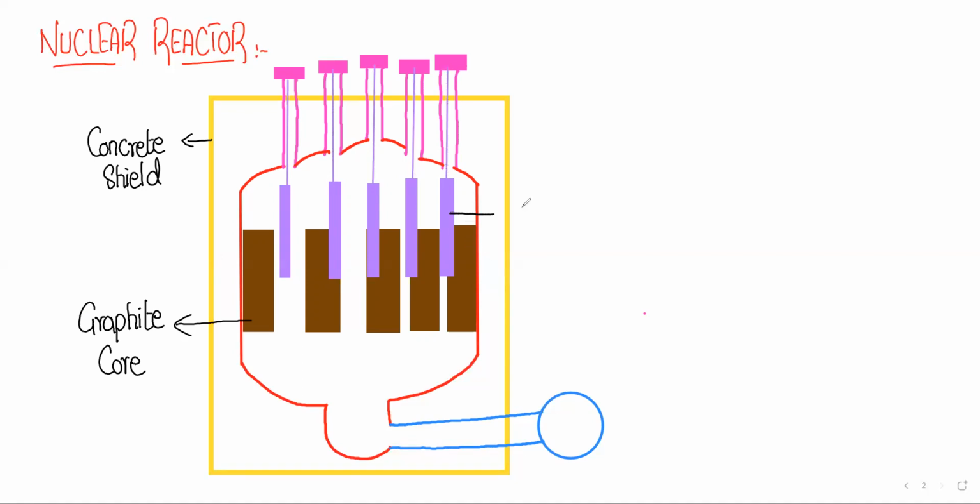So these purple rods are basically control rods. And further, if we talk about the remaining parts, one more thing we have over here. Actually, the green color rods are behind these control rods. So those green rods are known as uranium rods.